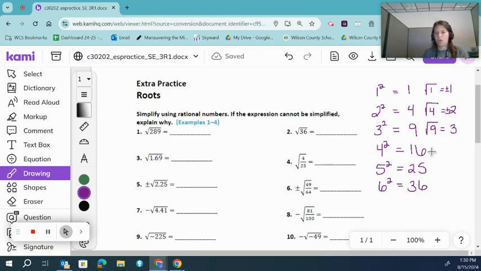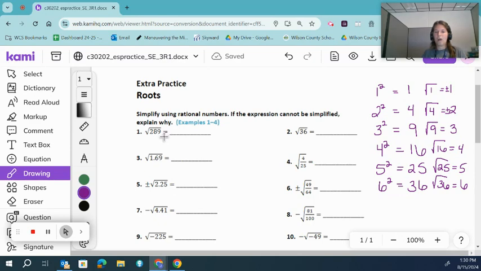Okay, so the square root of 16 is 4, the square root of 25 is 5, the square root of 36 is 6, and so on. And you can make a long list if that will help you figure these out. So if we come over here and take a look, we have the square root of 289.